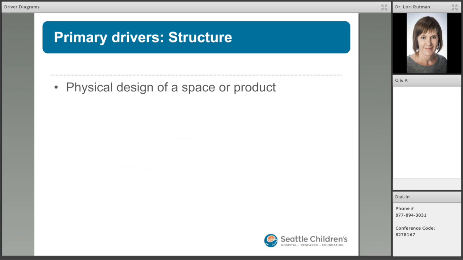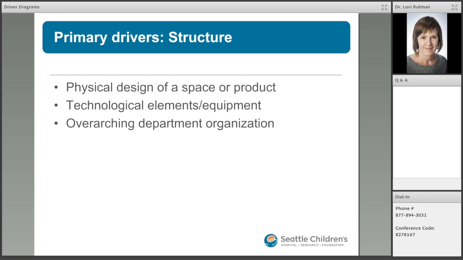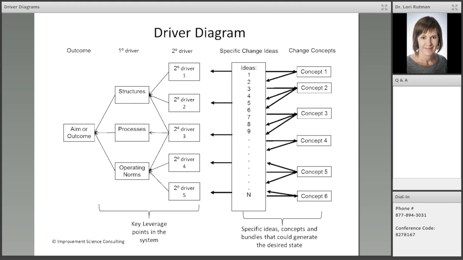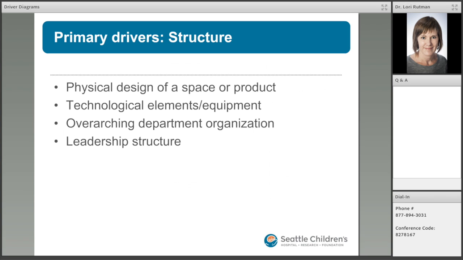So the structure might be the physical design of a space or a product. It might be some technological elements or equipment. It could be the overarching department organization, the leadership structure. And just to go back to this slide for a moment, the technological elements and equipment might be things like the EMR, the electronic medical record that your institution uses.